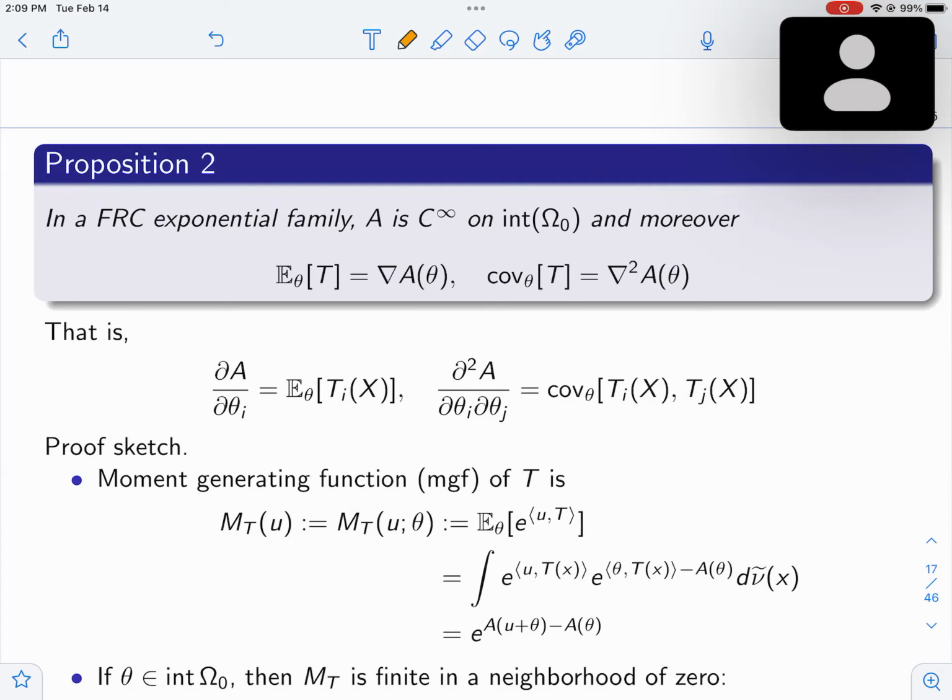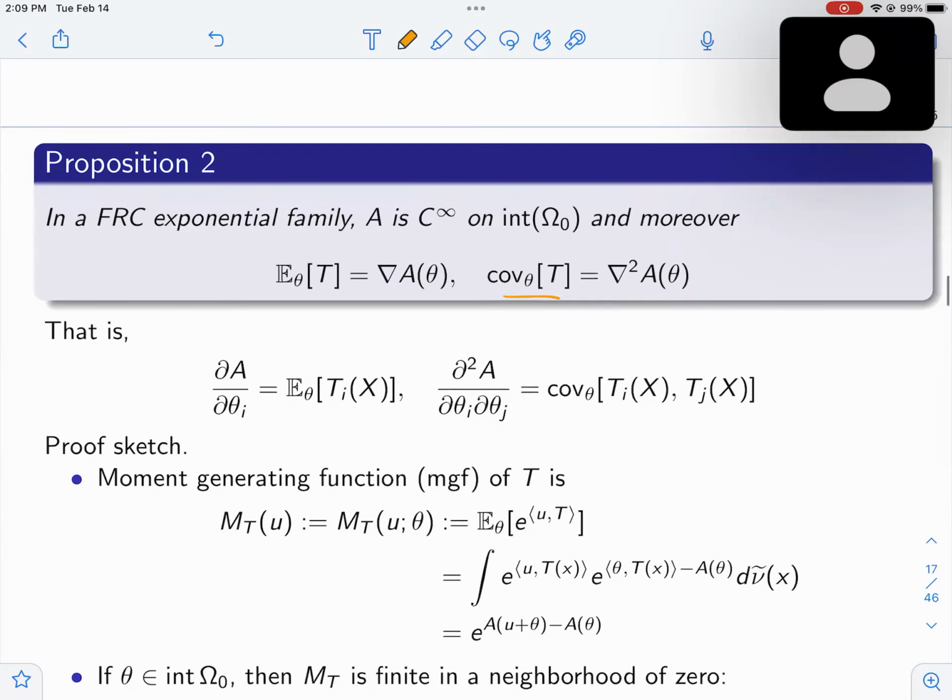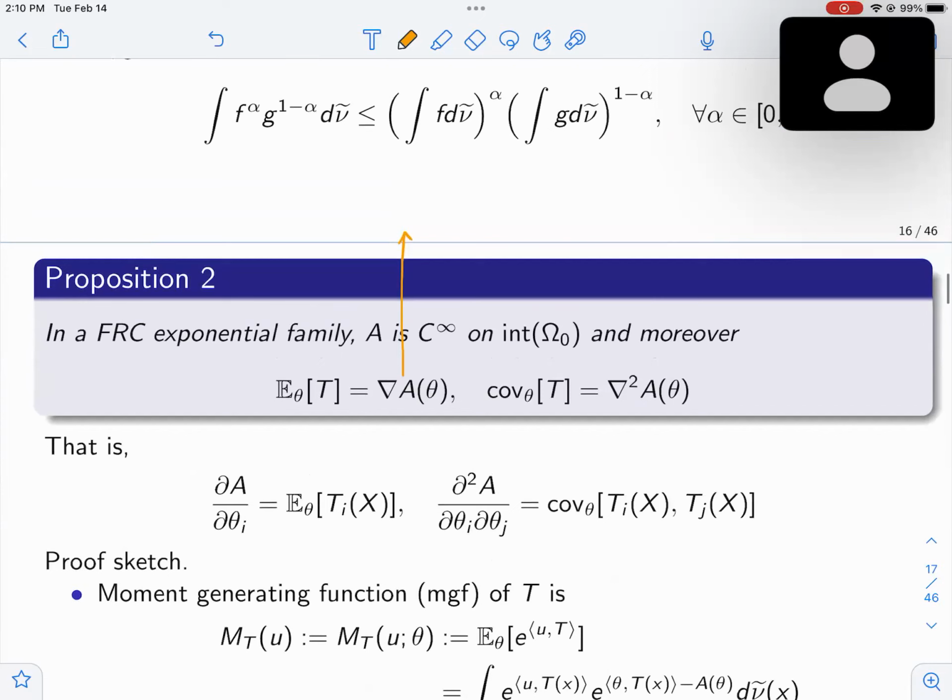And when you take the derivative, the first derivative, which would be the gradient of A, would give you the mean of T. The second derivative would give you the covariance. The second derivative is represented by this Hessian matrix. The elements of the gradient are the partial derivatives of A with respect to different elements of theta.